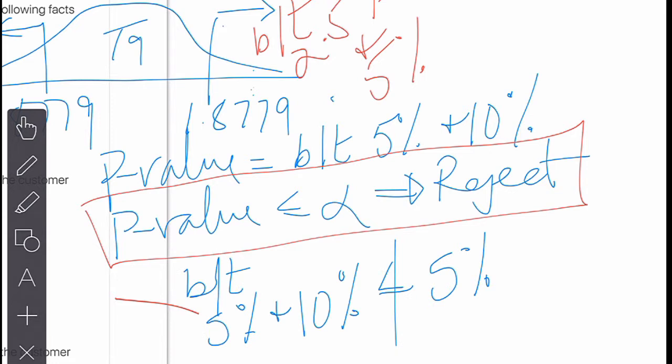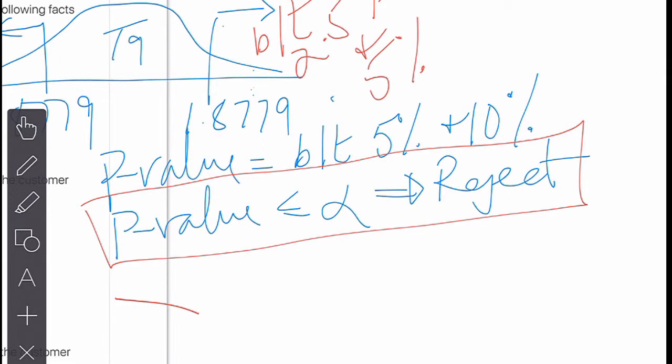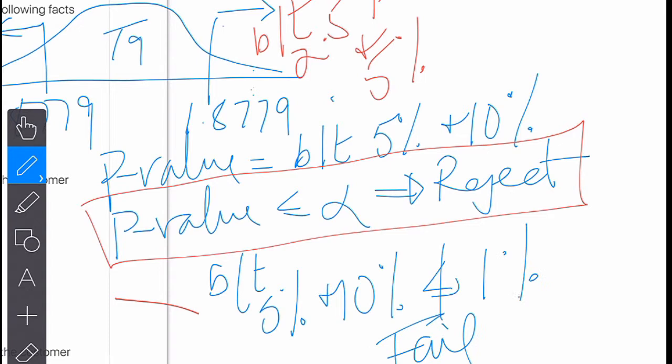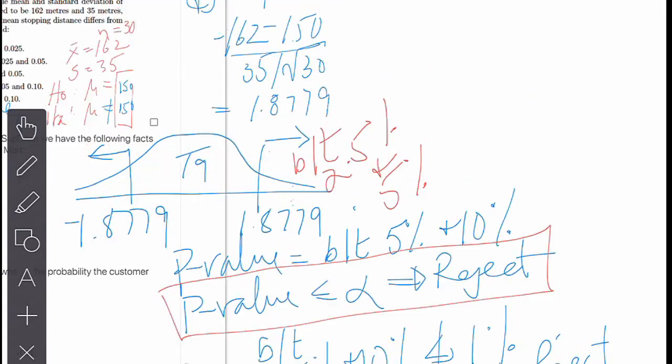Okay, let's just write it again. So between 5% and 10% is not smaller than 1%, so I fail to reject. I don't reject, the test is not significant, and that's the option I'm looking for.